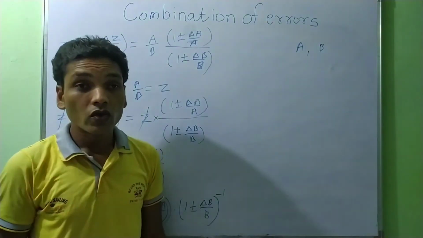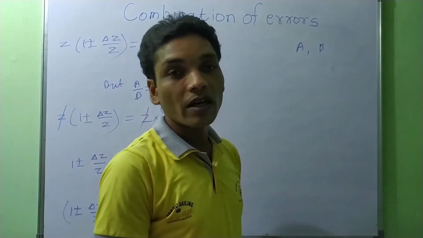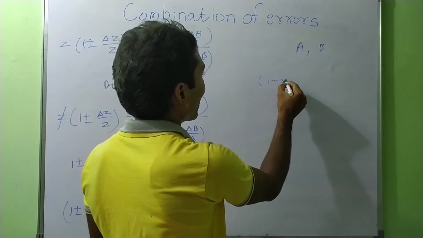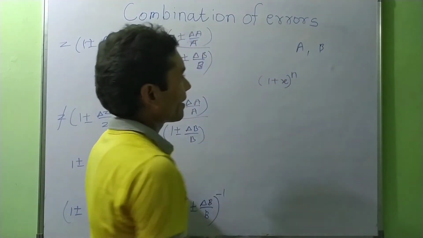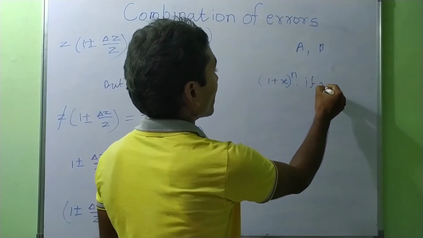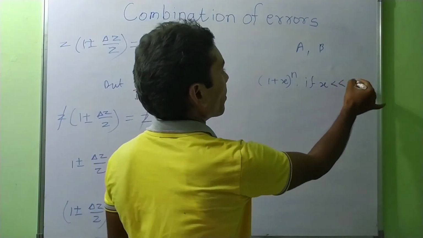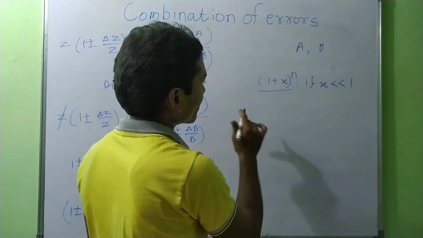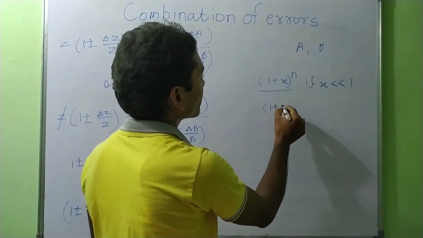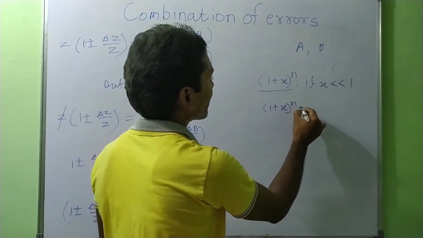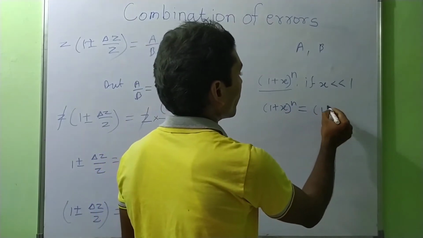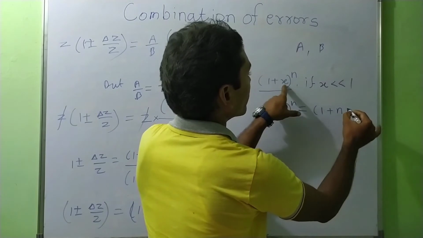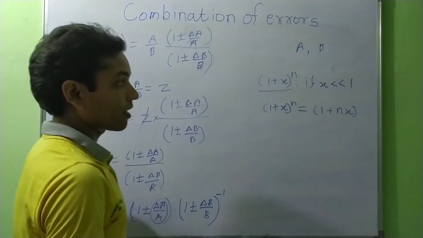You would have studied the binomial theorem: 1 plus x to the power n. If x is very small compared to 1, then the expansion of this term will be 1 plus n times x.